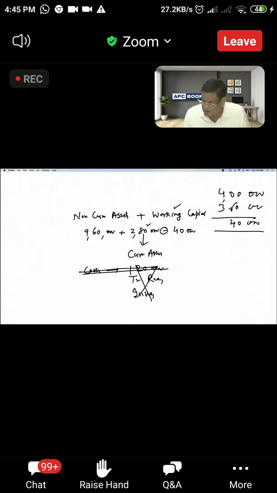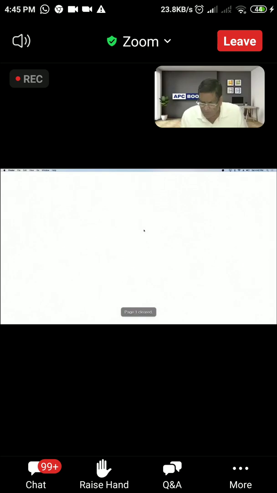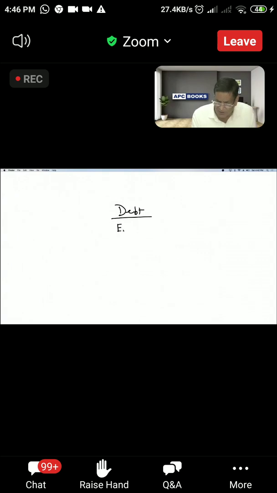In the debt to capital employed ratio, it is quite similar to the debt equity ratio, isn't it? This ratio which we have discussed is close to the debt equity ratio.